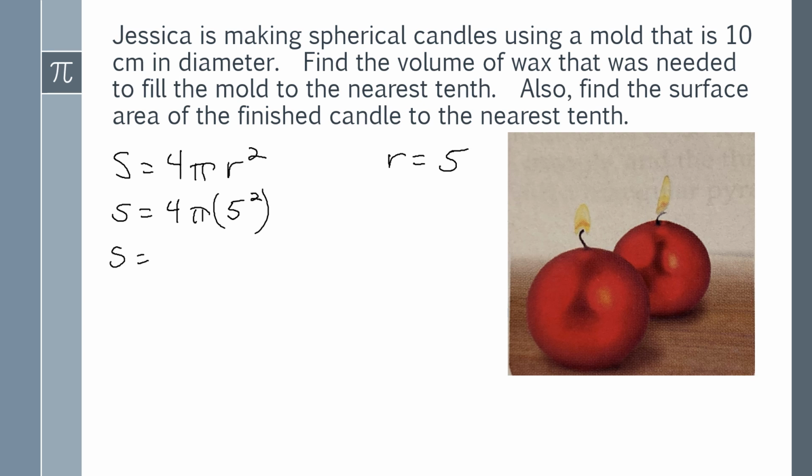So surface area is 4 times 25, it's 100 pi. So if we multiply that times 3.14, we get 314.15, so the surface area is approximately 314.2.